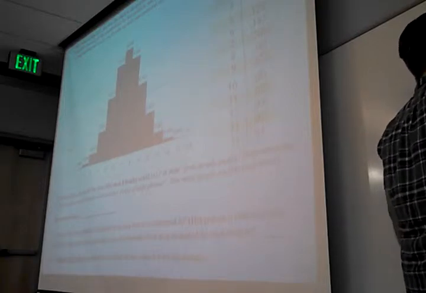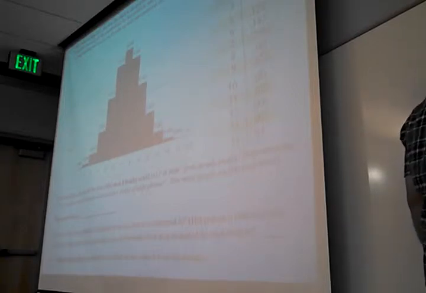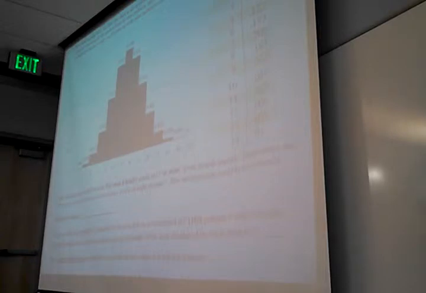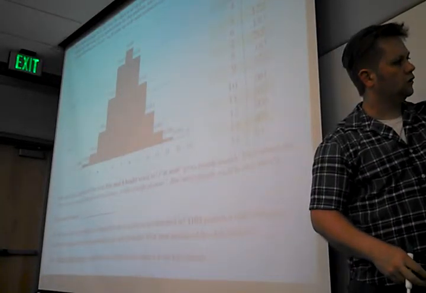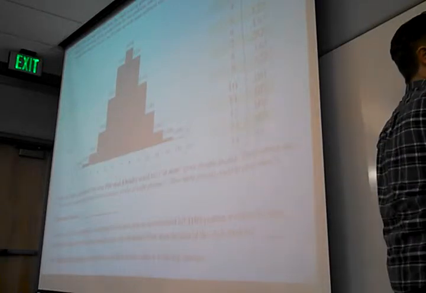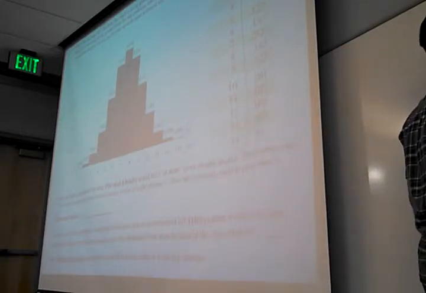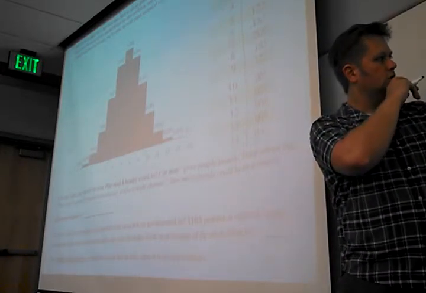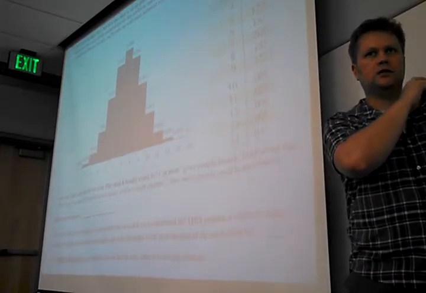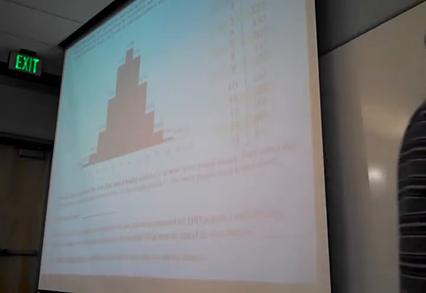So 1 has a 1/6 chance. If I want to go from 2 to 4, what would the total area be? 1/6 plus 1/6 plus 1/6, so 3 out of 6. 1/2, exactly. So a 1/2 chance of getting a 2, a 3, or a 4.